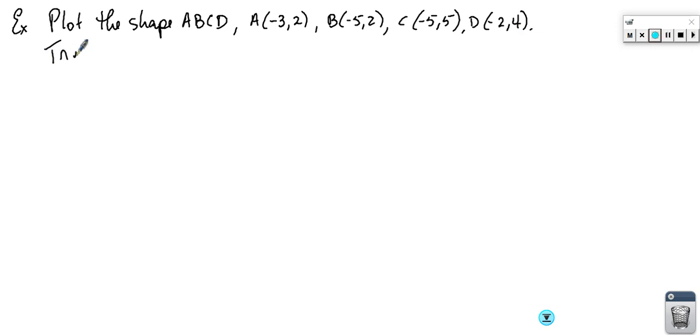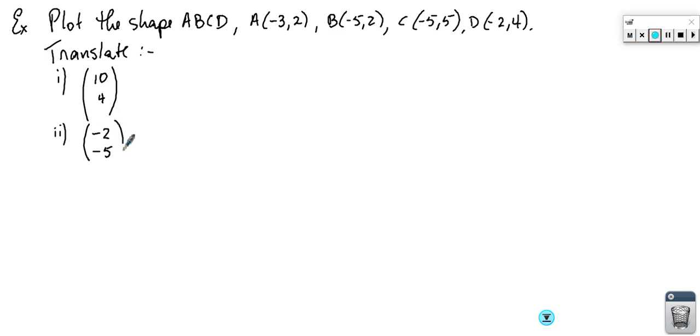Now translate the shape using the following three vectors. Vector number one is vector 10, 4. Vector number 2 is going to be vector minus 2, minus 5, and vector number 3 is going to be vector 5, minus 3.